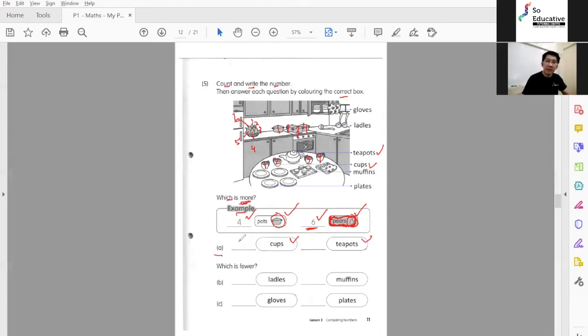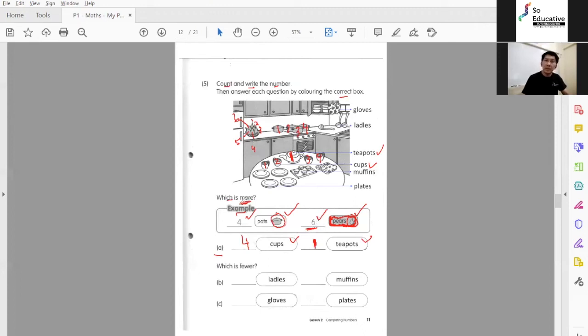So finally, we've got 4 cups altogether. What about teapots? How many teapots can you see on the table? Well, I can only see 1. Is there any more? If not, then that's the only teapot. I'm going to put down the number here, 1 teapot.